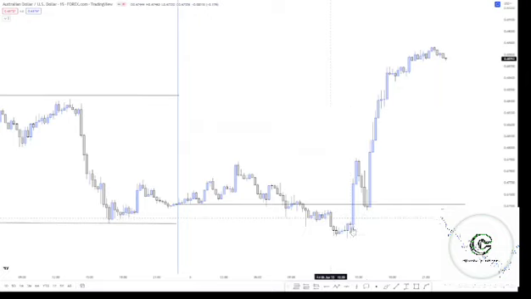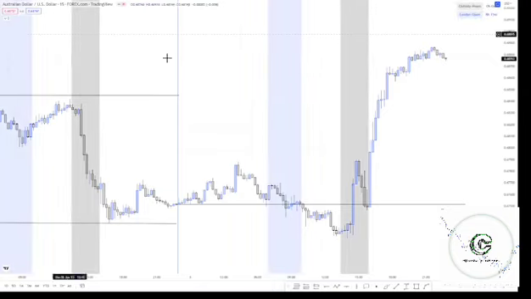Now we don't just buy. Let's assume that all these moves here never happened, right? Now we've plotted our opening price, the previous day high, the previous day low.